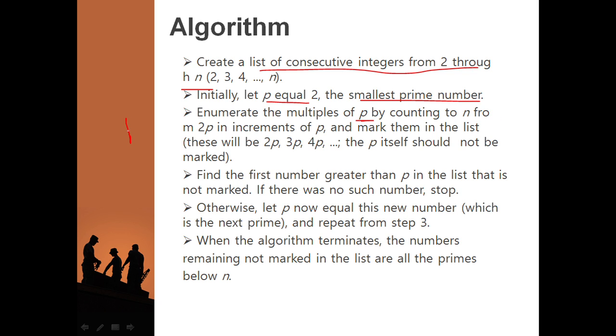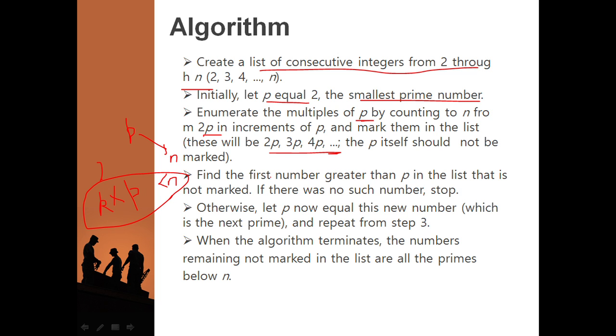We start from p and we go to n in its multiples. The first number would be 2p, then 3p, then 4p, then 5p, and so on till n, till k times p is less than n. Okay, till this condition is not satisfied, we mark all the multiples of p as non-prime.